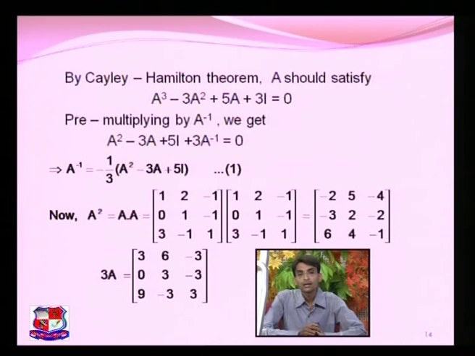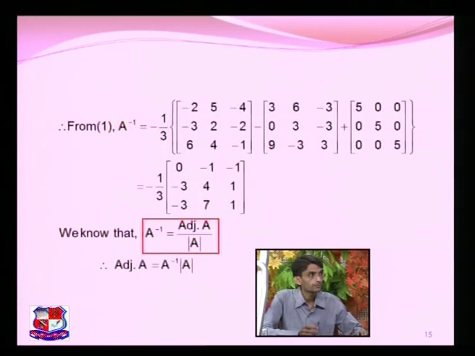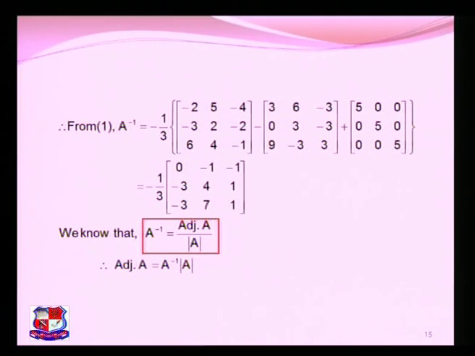So now by substituting the values of A square and 3A in equation number 1, we will get A inverse equal to minus 1 by 3 into, we need to simplify this expression, then we will get minus 1 by 3 into [0 -1 -3; 4 1 -3; 7 1], right? This is the value of A inverse.